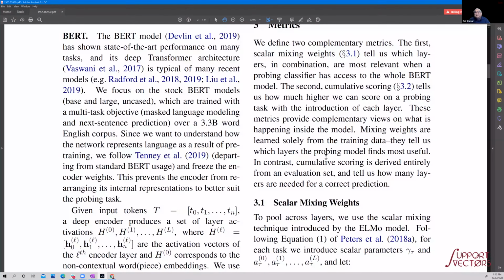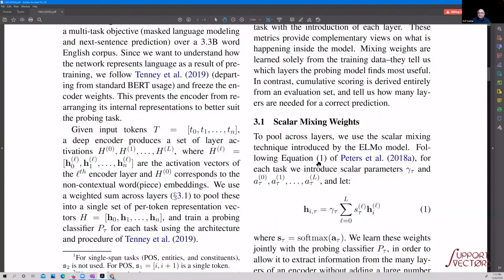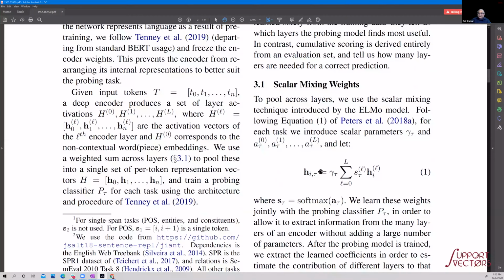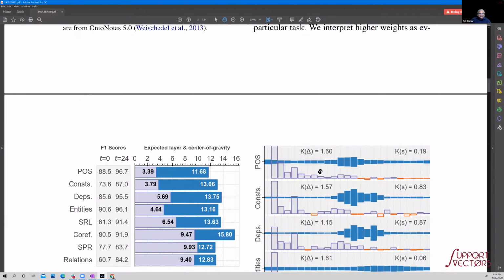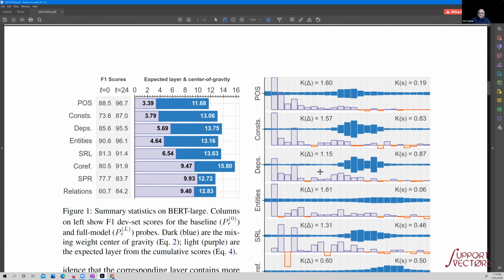So suppose the cumulative score tells you when you have reached the end of that task, and mixing weights is a different probe, very overlapping, but it tries to be more precise and says these are the layers that are involved. These two things. This will become very real when you see the example in a moment. So there's a bit of mathematics and these are layers and so forth. I won't get into that too much, but it is best given by an example, right?